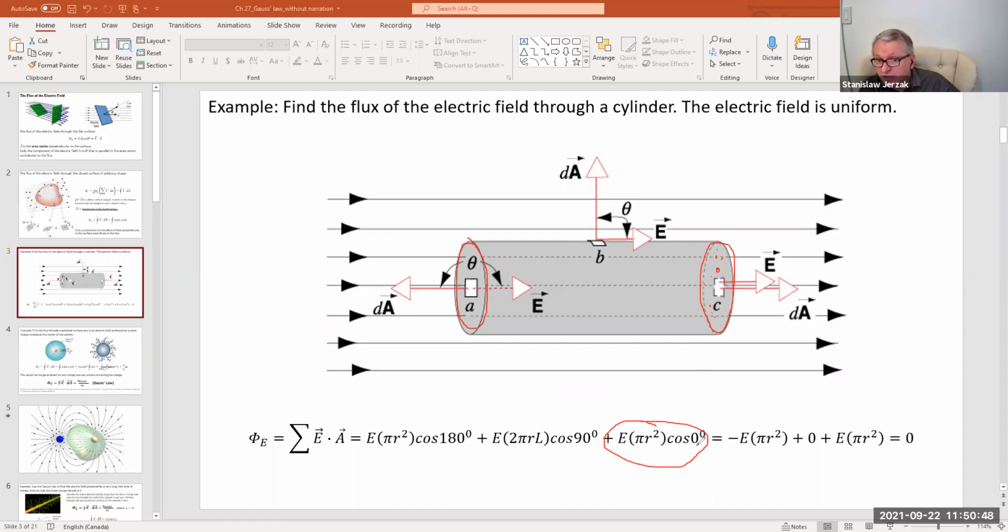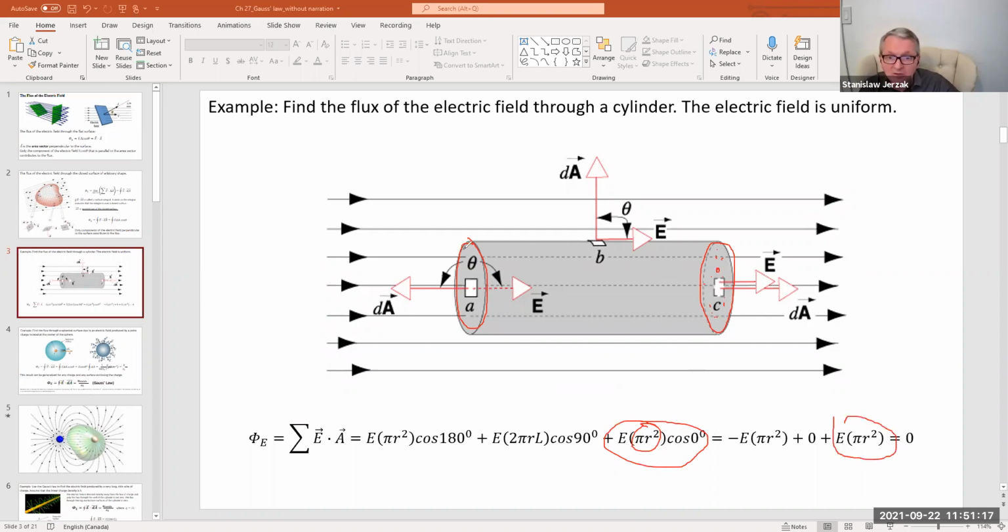So the angle would be 0 degrees. So I have to multiply the electric field times the area, which is pi r squared, times cosine 0, because the electric field here is parallel to the area vector. Cosine of 0 is 1, so it would be E pi r squared, which is this term.